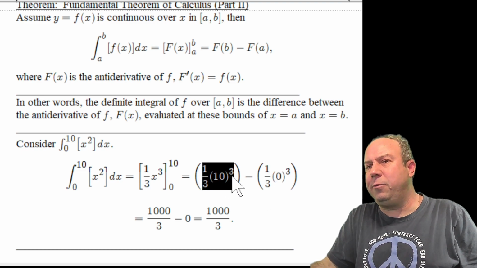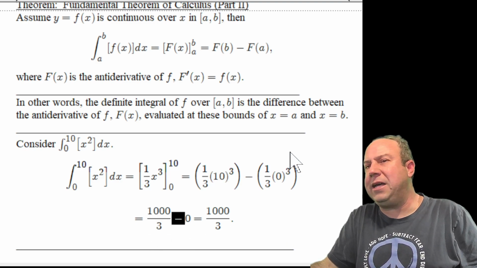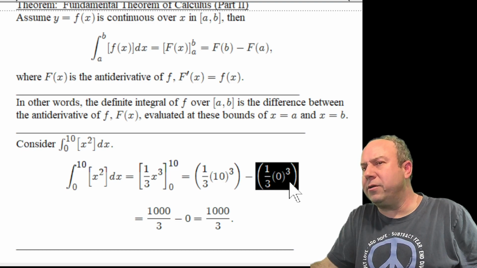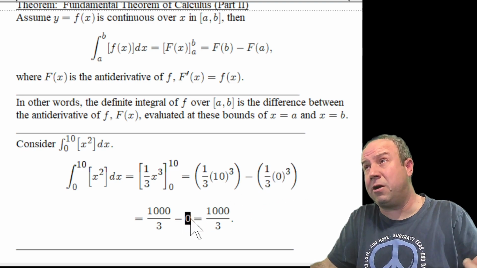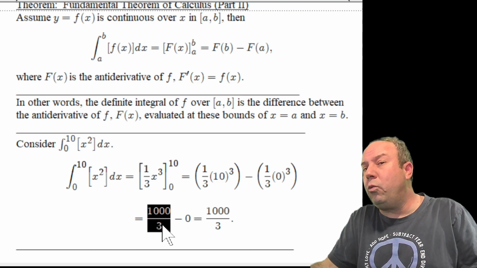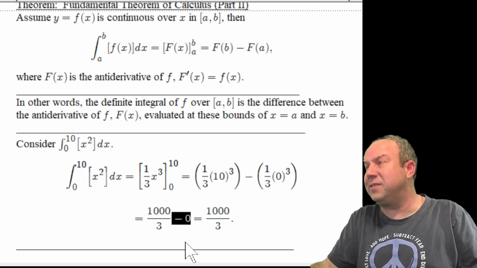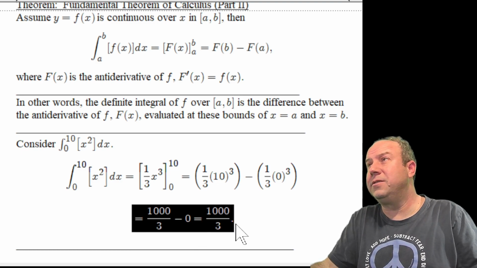So 10 cubed times 1/3 will be 1,000 thirds, minus 1/3 times 0 cubed, which is just 0, because 0 cubed is 0, and 0 times 1/3 is 0. So 1,000 thirds minus 0 is just 1,000 thirds.